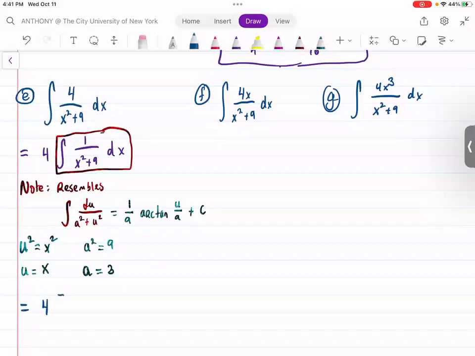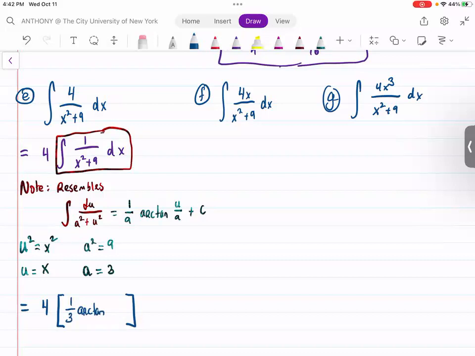In the brackets, I use the arctan rule: 1 over a, and a is 3, so you get 1 over 3 arctan of u over a.